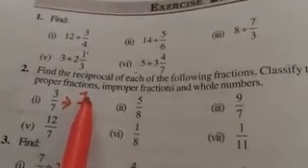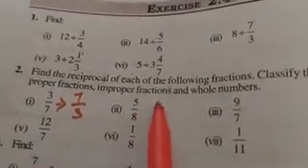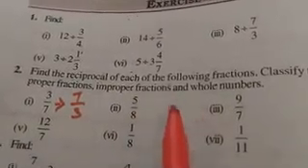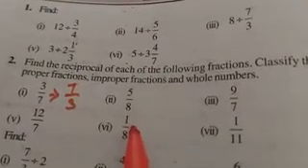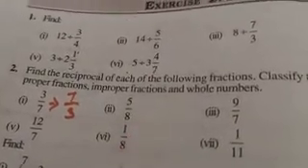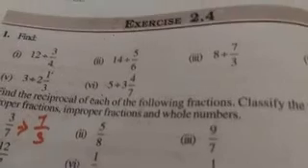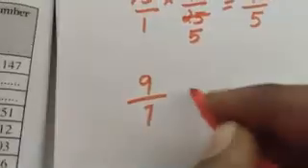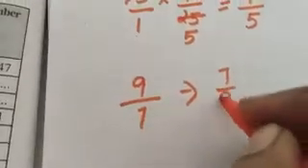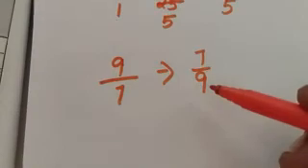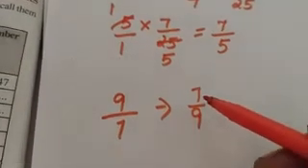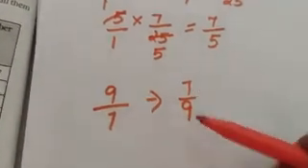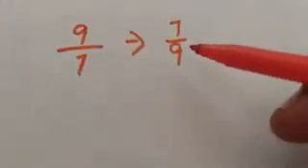So if the numerator is bigger, then it is improper. And 5 by 8: if you write it 8 by 5, again it is improper. Again 9 by 7, when you flip it, what does it become? 7 upon 9. 7 upon 9 means it is proper, because the numerator is lesser than the denominator.